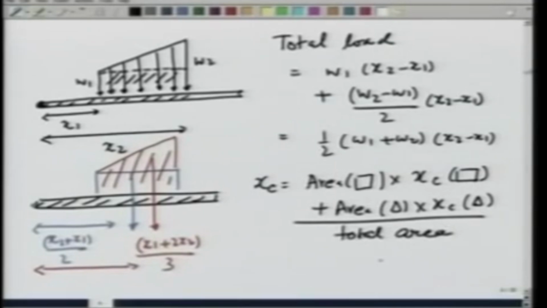Total area, which is the net force, we have already calculated. We also know the positions of the centroid of the rectangle and of the triangle, and we know the area for both, and therefore, we can calculate xc.